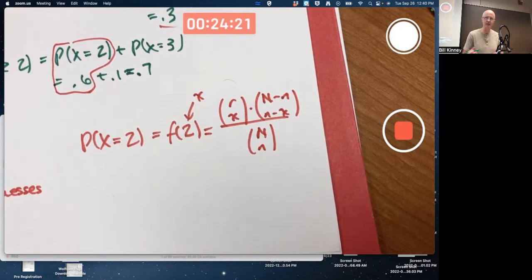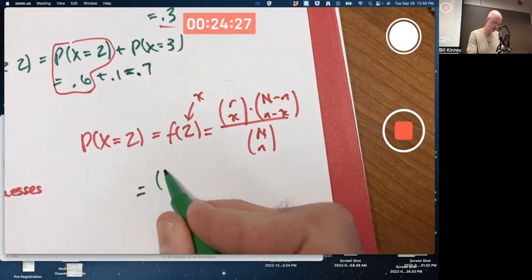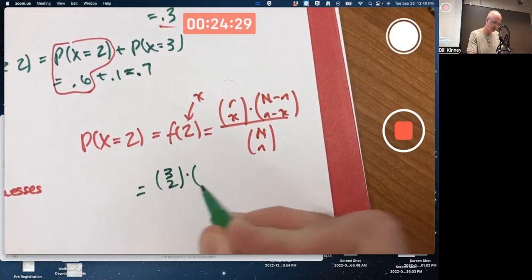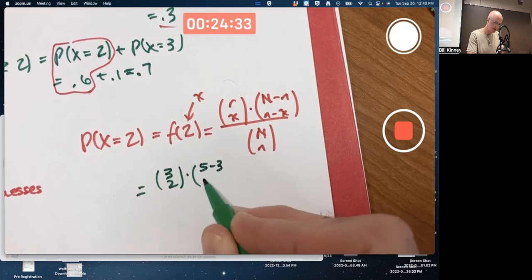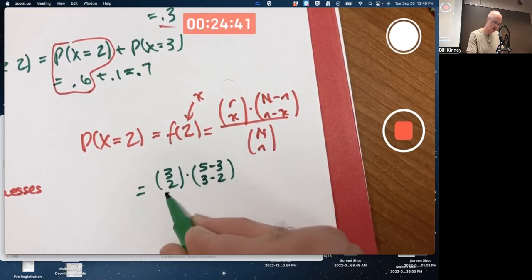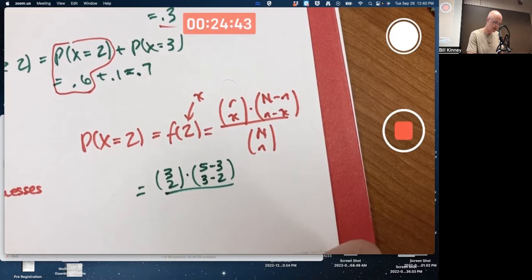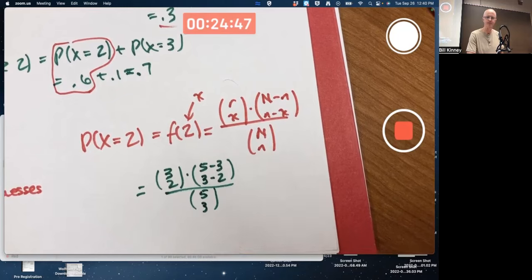When I do this calculation, if I don't make a mistake, I should get 0.6. R is 3, so I'm doing 3 choose 2. Then 5 minus 3, choose 3 minus 2. Capital N's 5, little n's 3, little x is 2, little r is 3. All over 5 choose 3.